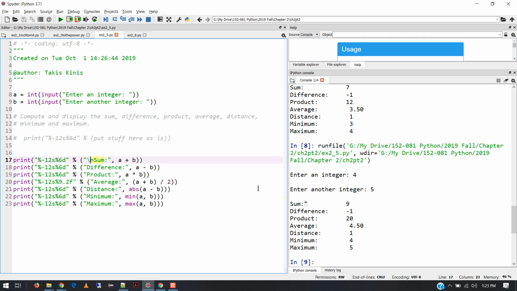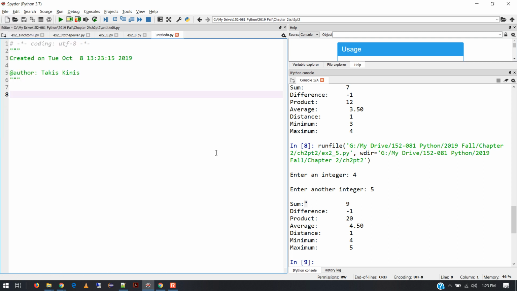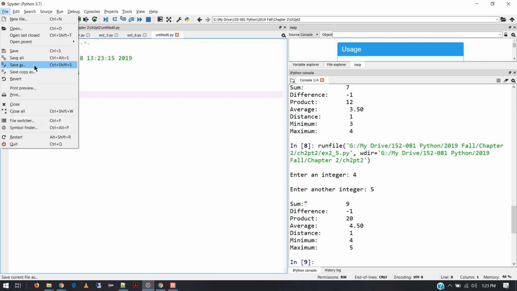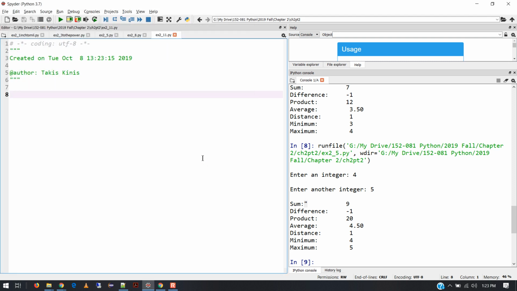And I'm going to go ahead and create a new file. First thing I'm going to do is save as. This is exercise 2.11. I'm going to add the file extension .py. Say save.